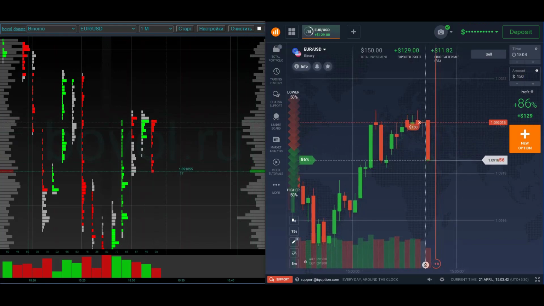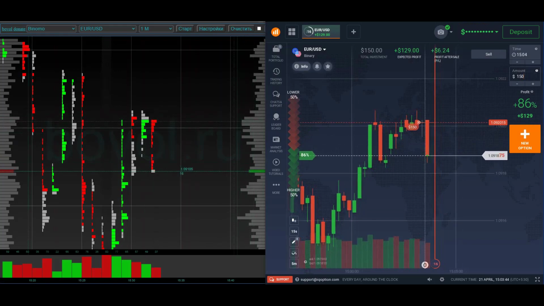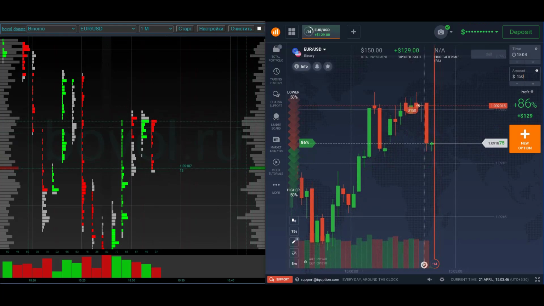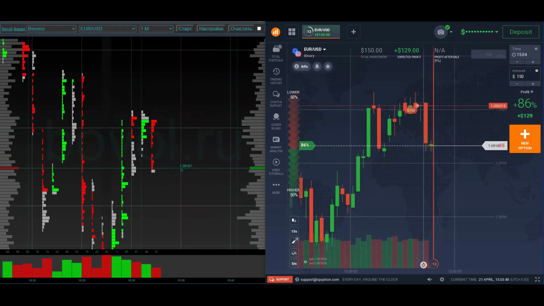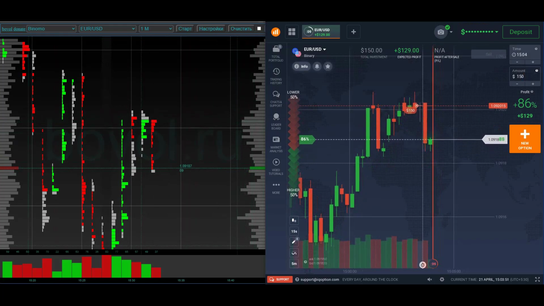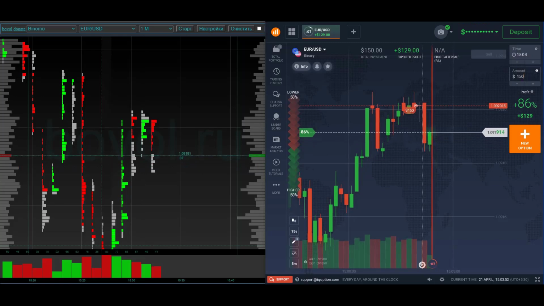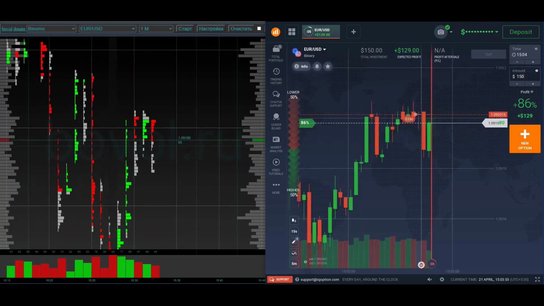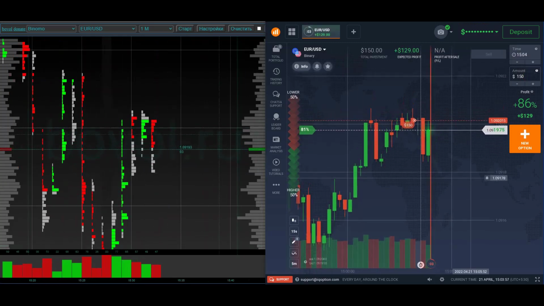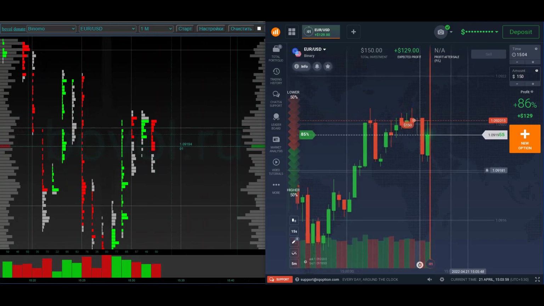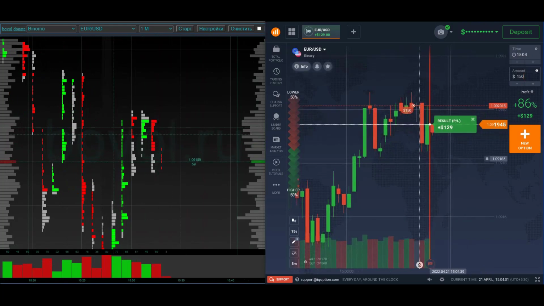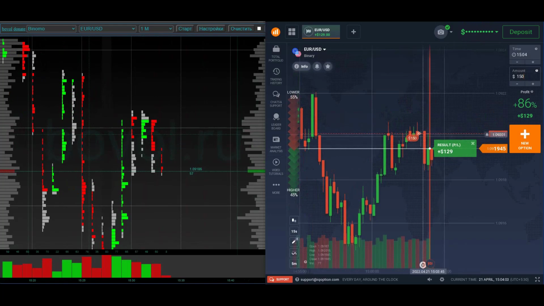So here the POC point exists, a strong resistance level, and if you see the tick volumes, they're going weak when the market is going up, and you can see the P-shaped distribution curve has been closed at the levels. That's why the market went down from that level. So you can see I have won this trade here.